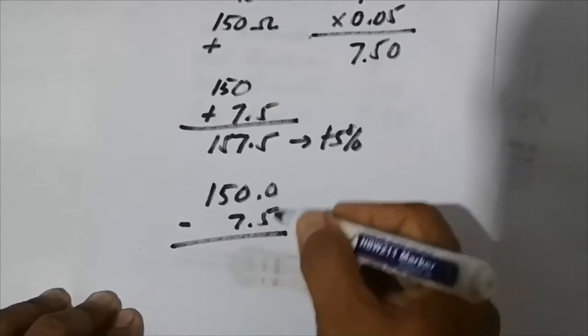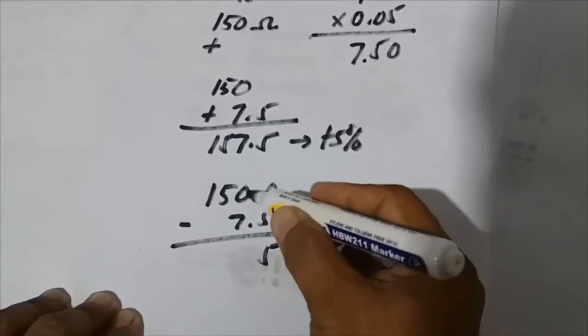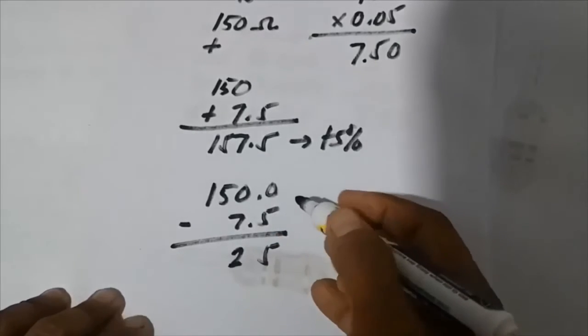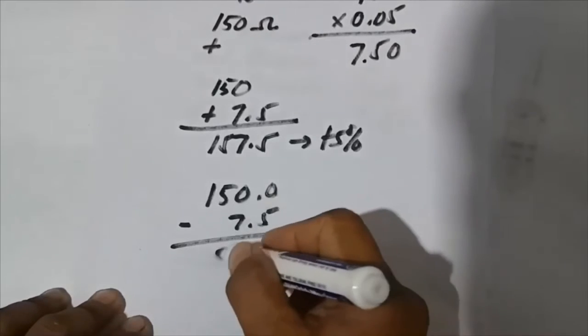So 150 minus 7.5 will give us 142.5, which is our negative 5% tolerance.